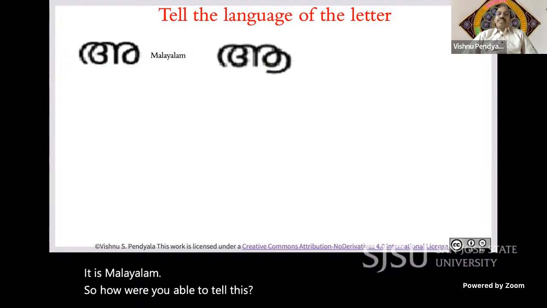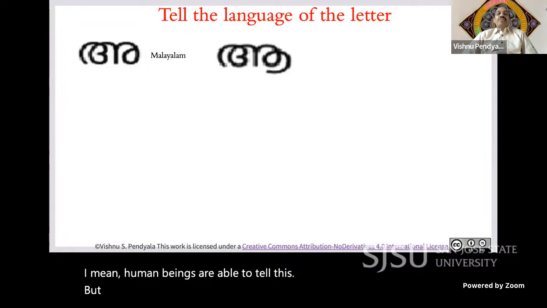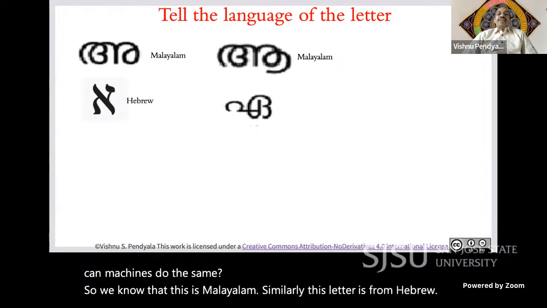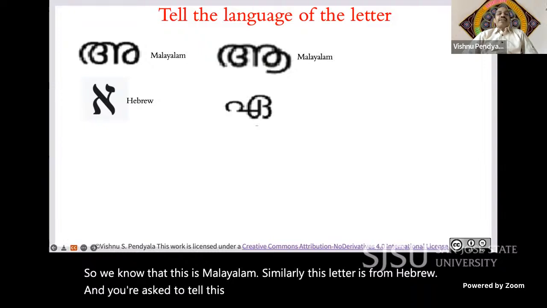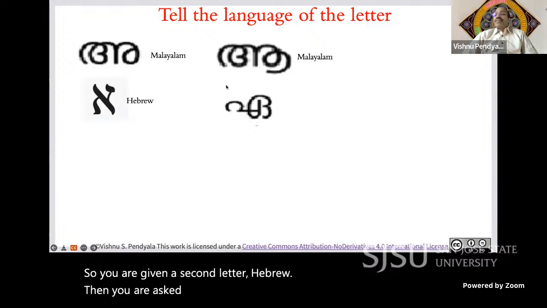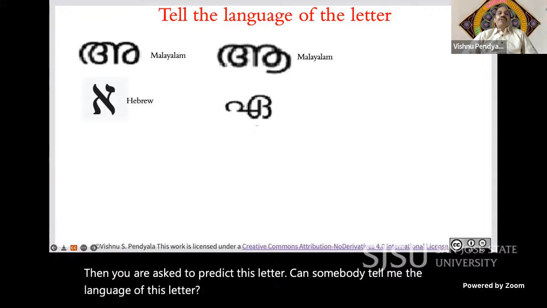Human beings are able to tell this, but can machines do the same? So we know that this is Malayalam. Similarly, this letter is from Hebrew, and you're asked to tell this letter. So you're given a second letter, Hebrew. Then you're asked to predict this letter. Can somebody tell me the language of this letter? Is it Hebrew or Malayalam?